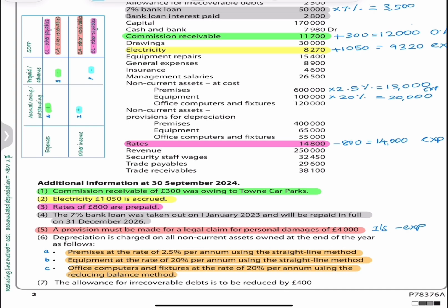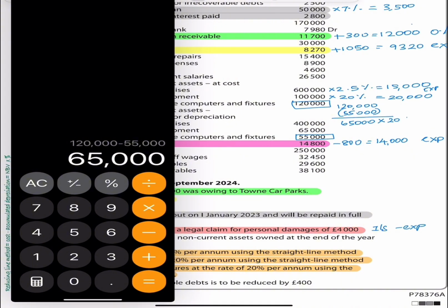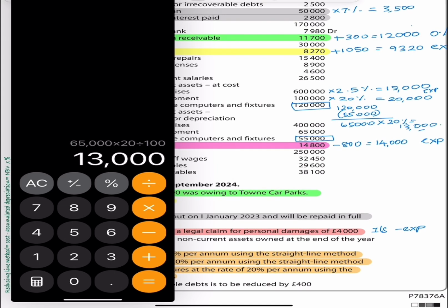In this case, you take the cost, take away the opening or accumulated depreciation. So that should be 120,000 take away 55,000 to find the net book value. 120,000 take away 55,000 should be 65,000, into 20%, which is 13,000 expenses.